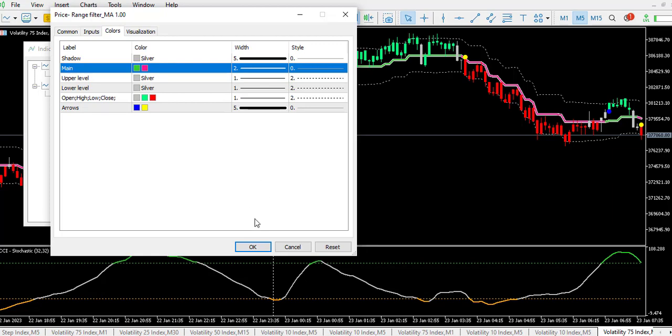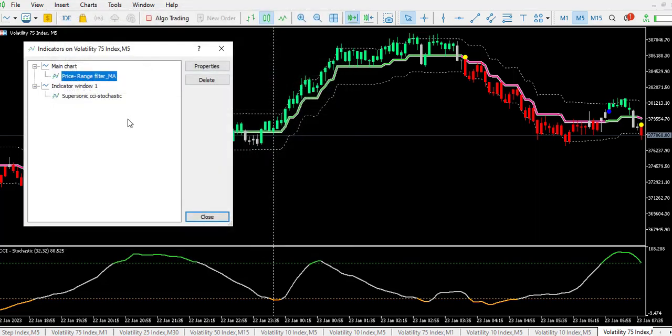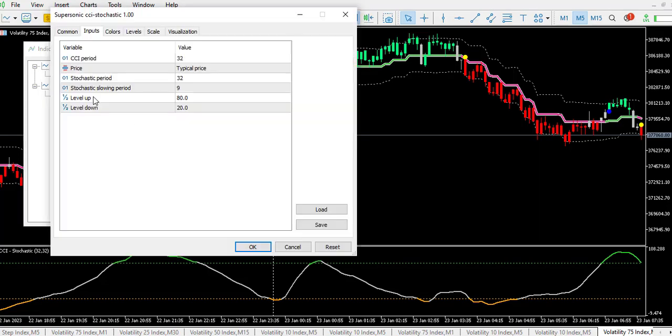And the second indicator here is the Supersonic CCI Stochastic indicator, and these are the settings. The CCI period is 32, and the price is typical price, and you can change it also to close, open, high, low, median, or weighted price. But I'm using typical price here, and you can leave it if you like it, and if not, just change it. And the stochastic period too is 32.